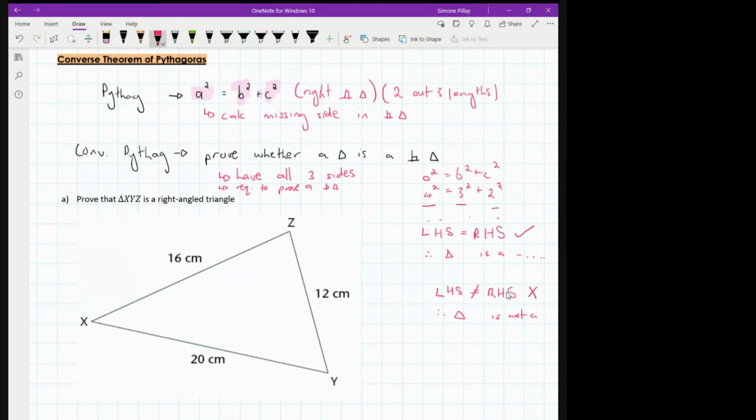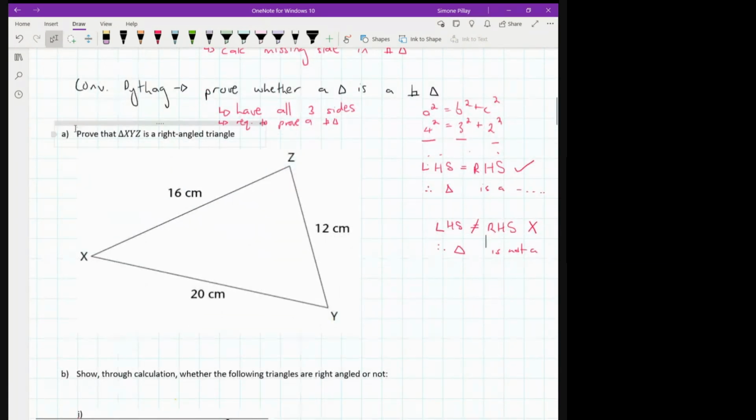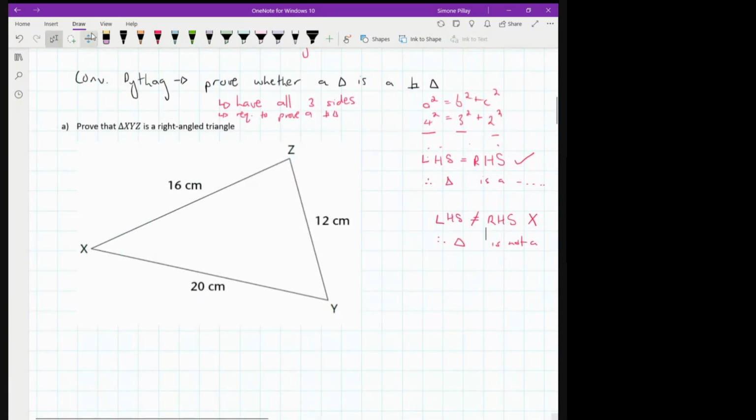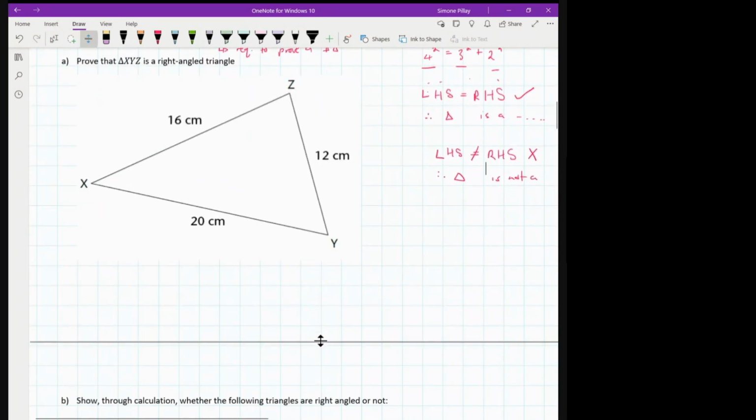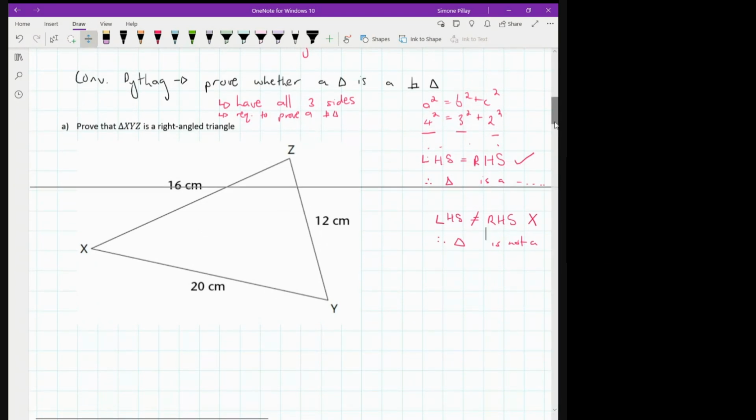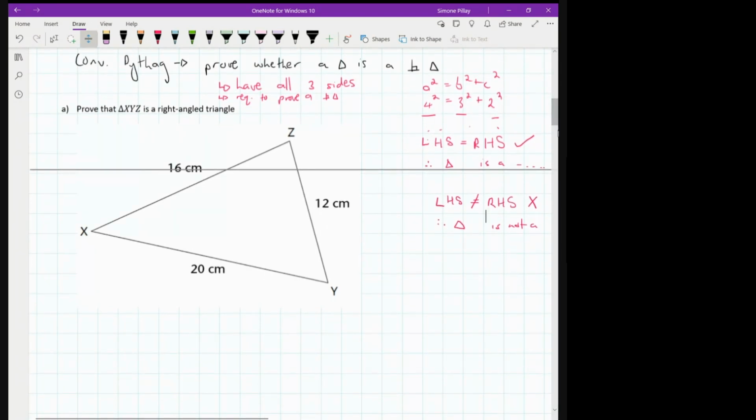Let us go and prove that triangle XYZ is a right angle triangle. I didn't mean to write on the side here. Okay, so I'll just write underneath here. So let's look at how we're going to do this.